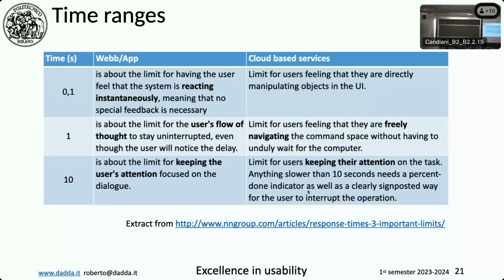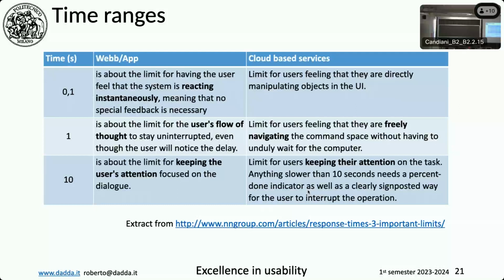So, remember that what is important is how the brain perceives the time, not the machine. If you have a time that is around 0.1, 1/10 of a second, people will feel it as instantaneous, will not perceive the passing of time.